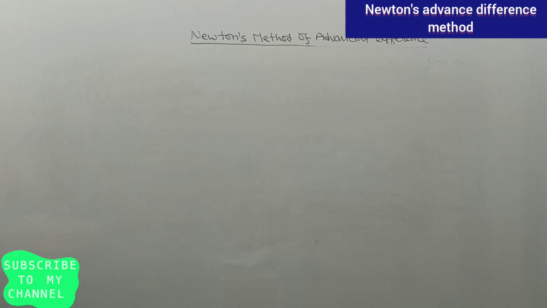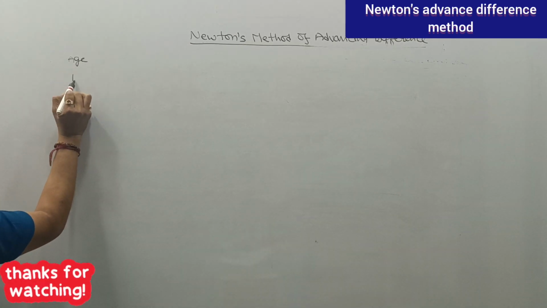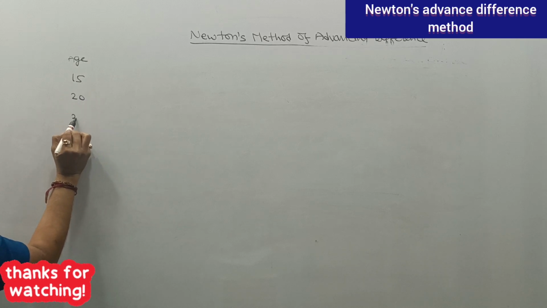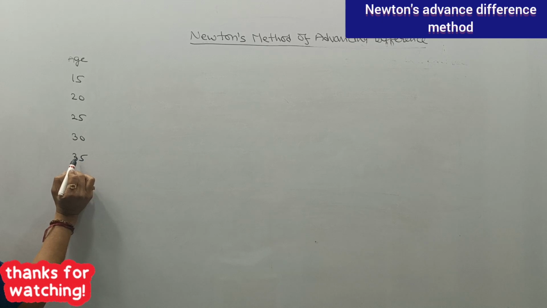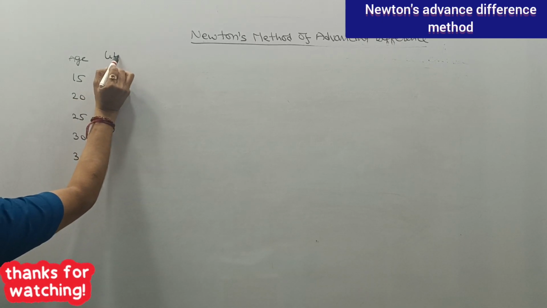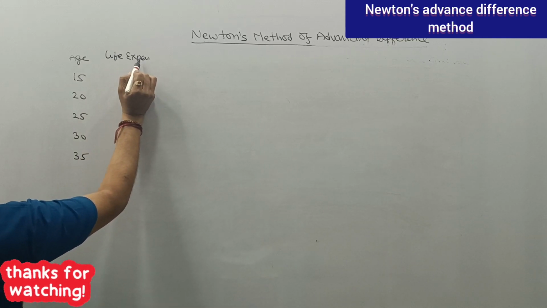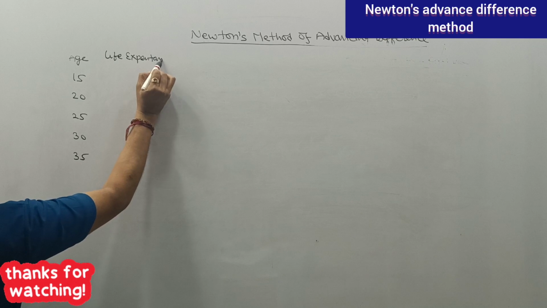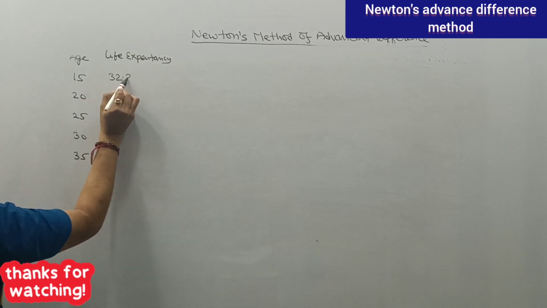So the age is given 15, 20, 25, 30, 35. Life expectancy is given: for 15 years, life expectancy is 32.2.